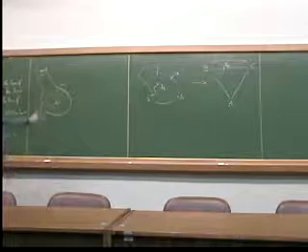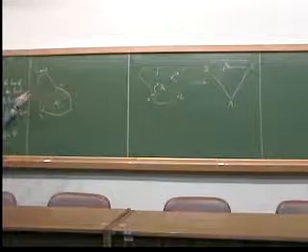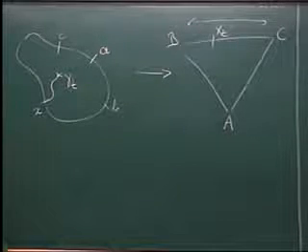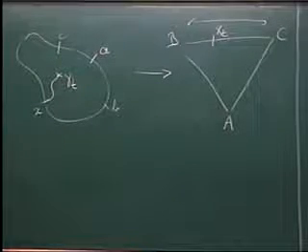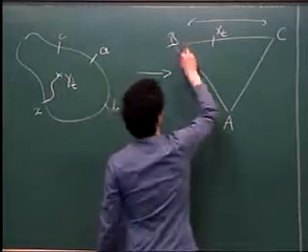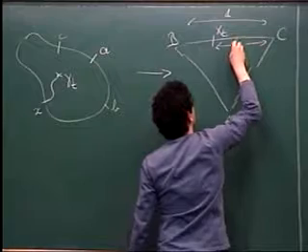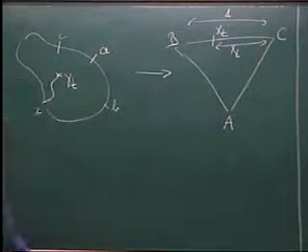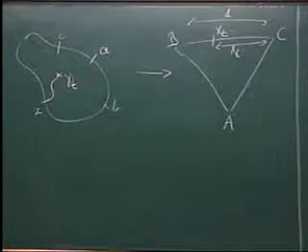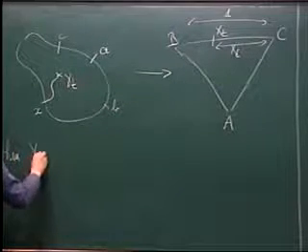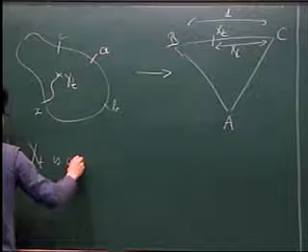The picture I drew here is just a definition of xt, where we identify xt with this length: if this length is 1, this length is xt. Then xt is a martingale.